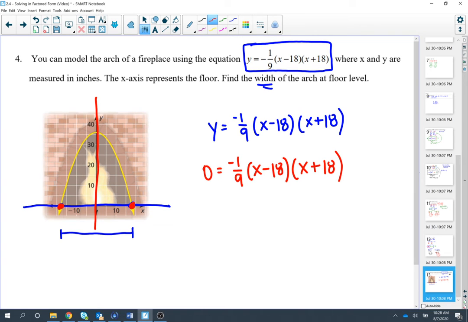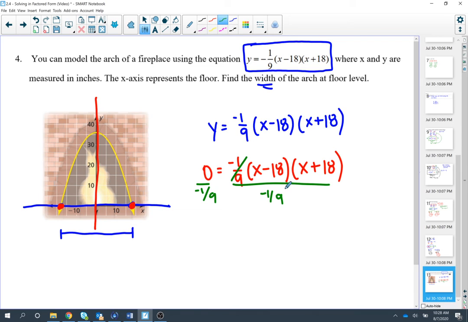Then I'm looking and going, oh, well, it's equal to 0, and it's in factored form. I bet I could probably use that zero product property my teacher was talking about. But before I do that, I really don't like this -1/9. So how would I get rid of that -1/9? You've got a couple options. I'm going to divide both sides by -1/9.